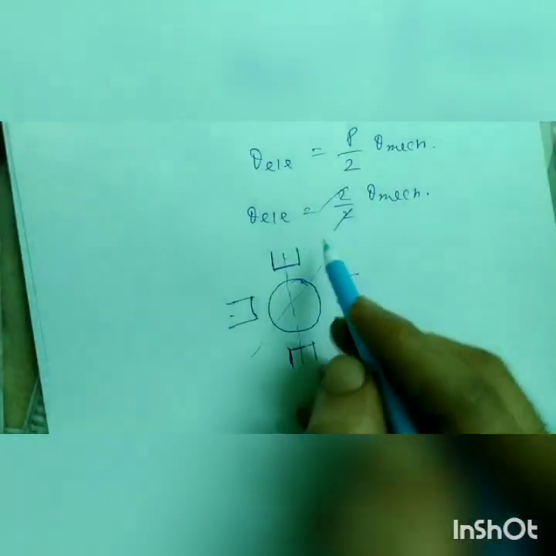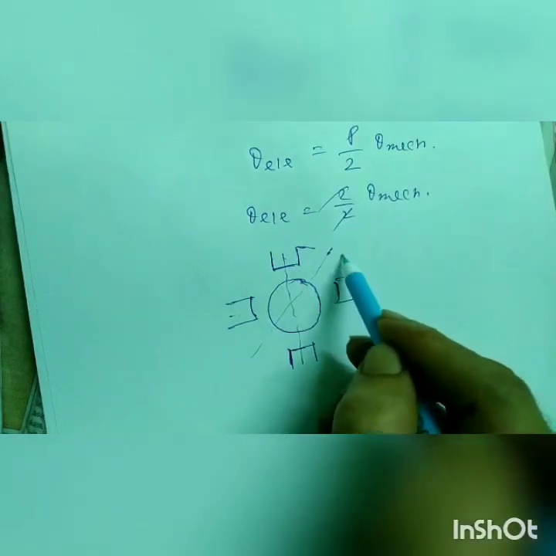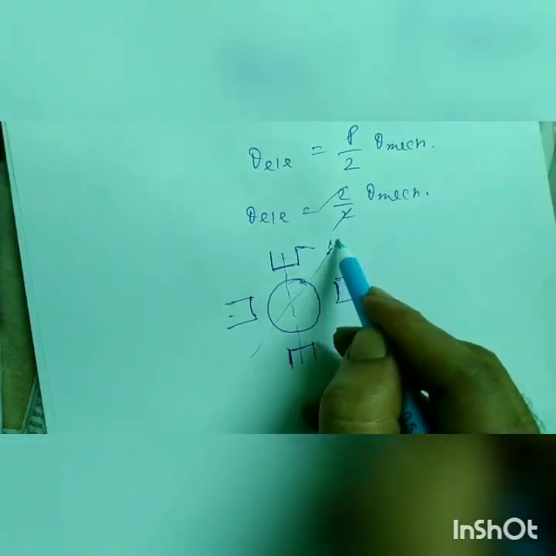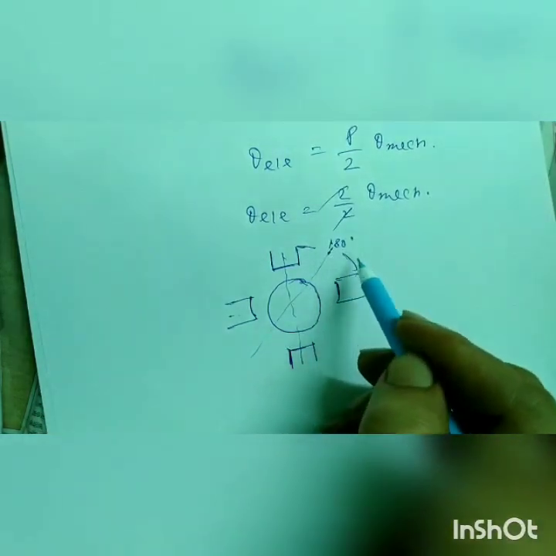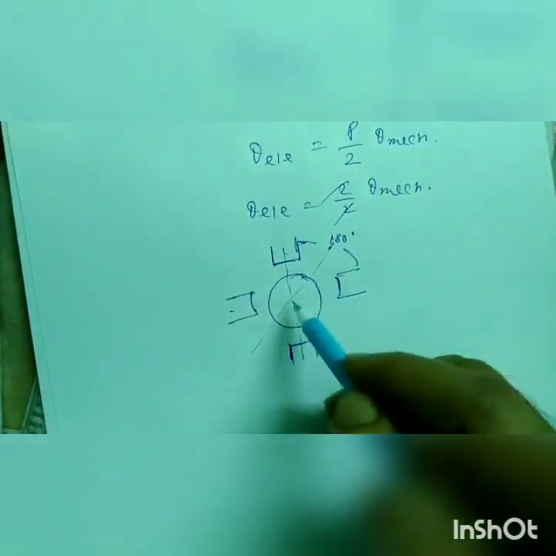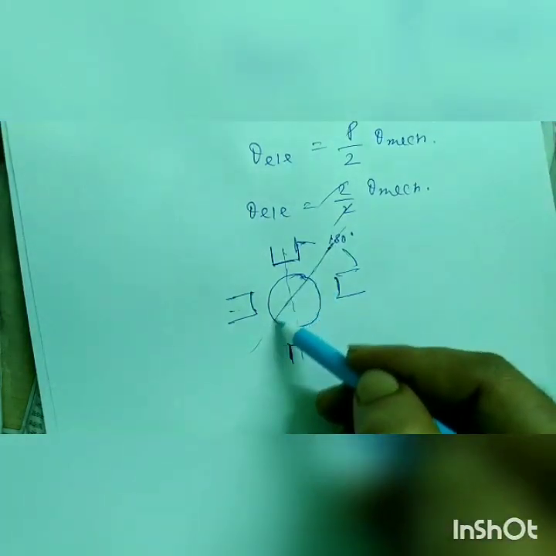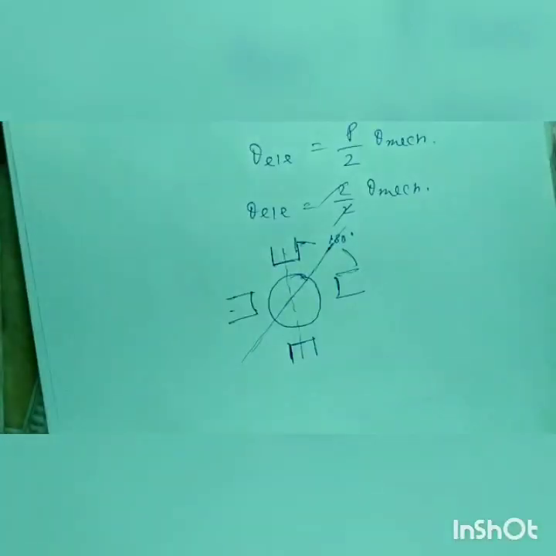One thing you have to know: between adjacent poles there is a 180 degree electrical phase shift. So where will the 90 degrees be? It will be in the middle of two poles.